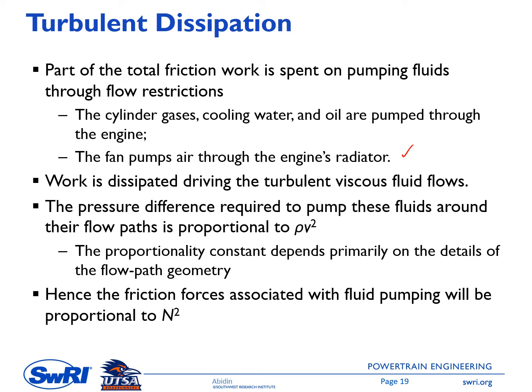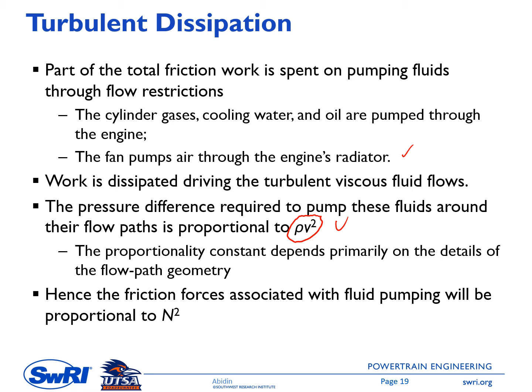So work is dissipated here to drive turbulent viscous flow, and the pressure difference required to pump this fluid around the flow path is proportional to rho times the square of velocity. So keep in mind that for this type of friction work, we have a square velocity dependency.